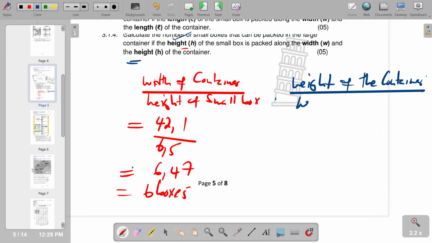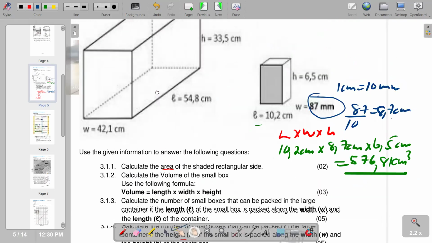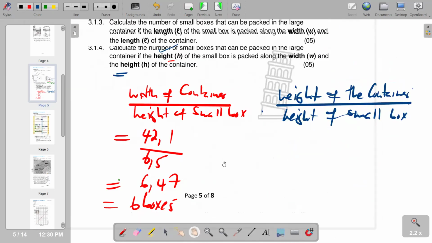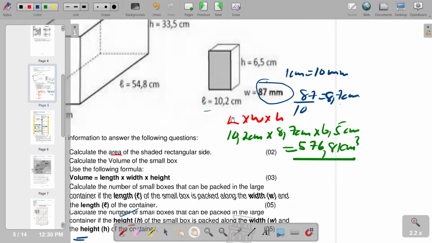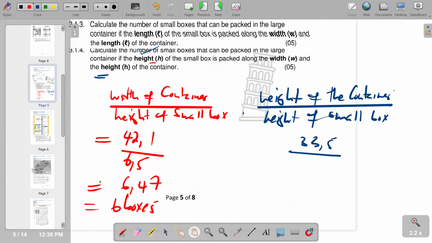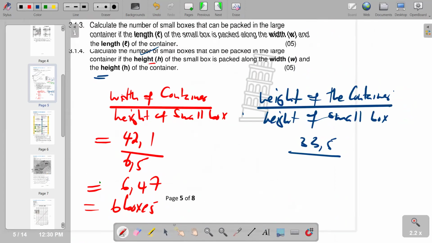The height of the container we are given here is 33.5, and we divide by the height of the small box, 6.5.